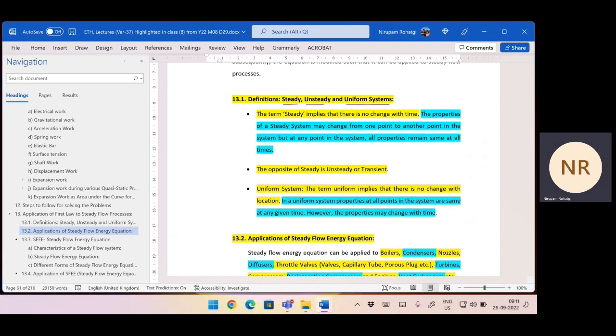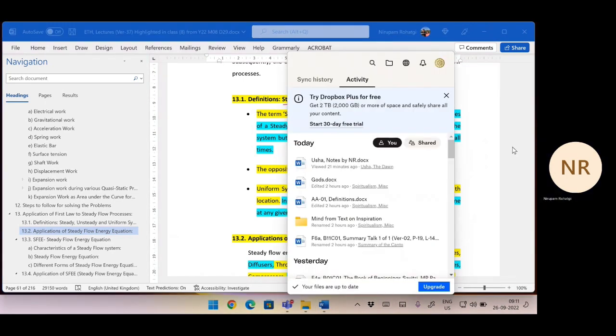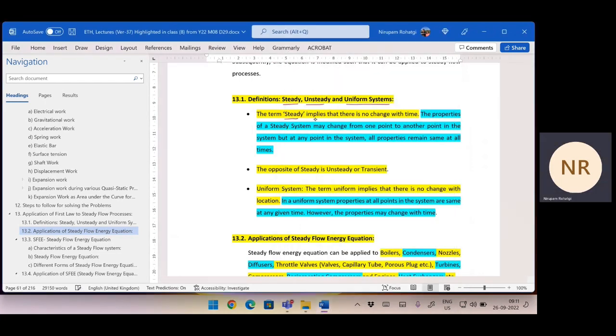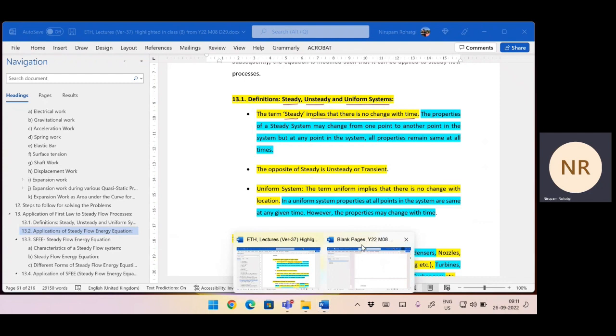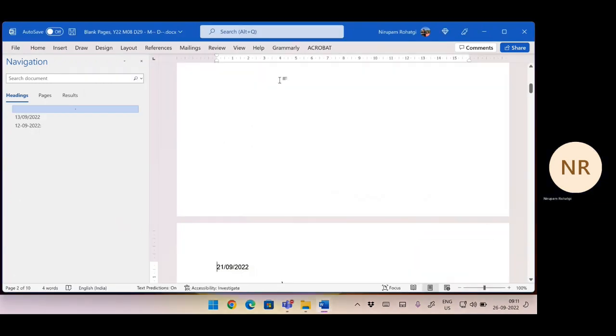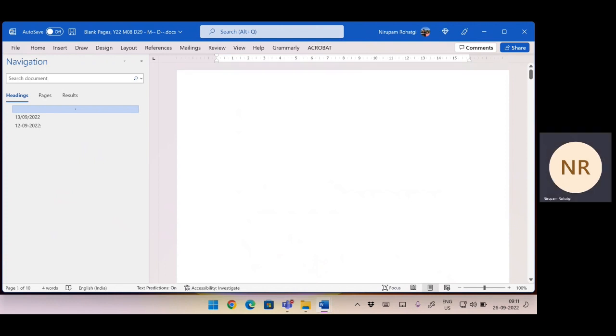So steady, that word implies that there is no change with time. Okay, that means if you write it mathematically, the derivative of any property with respect to time is equal to 0. This is called steady state, that things are not changing with time.